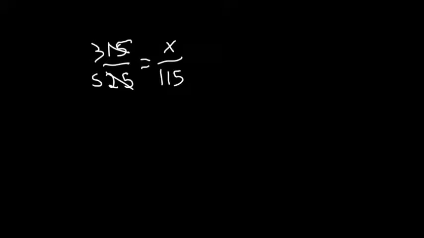So now we cross multiply. 3 times 115, 5 times x. So 5x equals 3 times 115. 3 times 115 would be 345. And then we're going to divide that by 5.